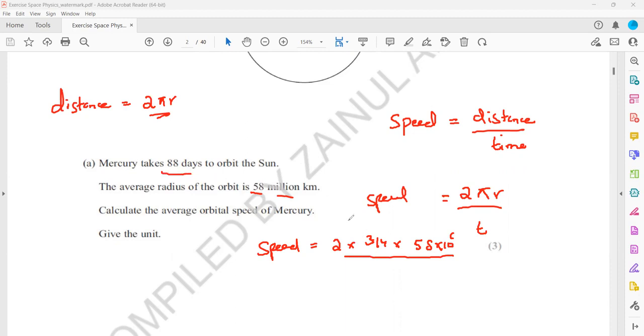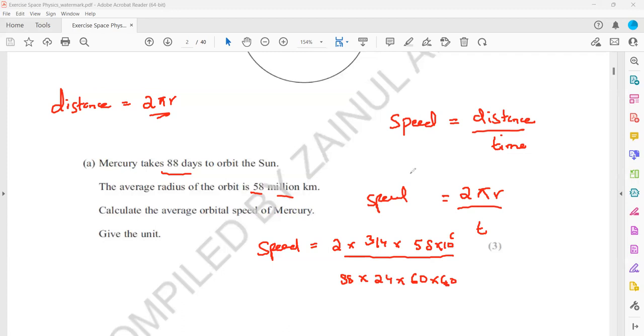It takes 88 days. So we have to convert these 88 days first into hours, then to minutes, and then to seconds. It is in the denominator. So it is 88 multiplied by 24 to get hours, multiplied by 60 to get minutes, and multiplied by 60 again to get the total number of seconds.